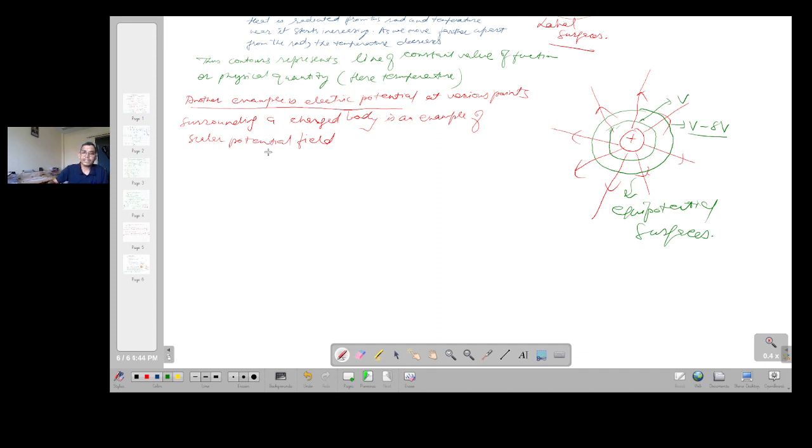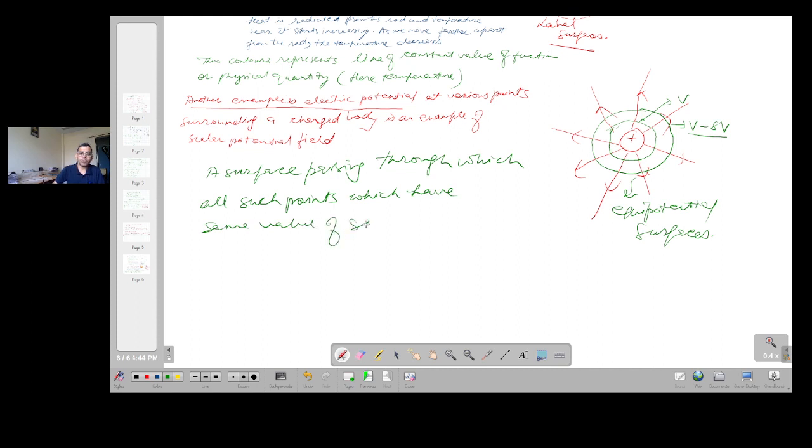So thus there exists a surface passing through all such points which have the same value of the scalar field, and they are called level surfaces.